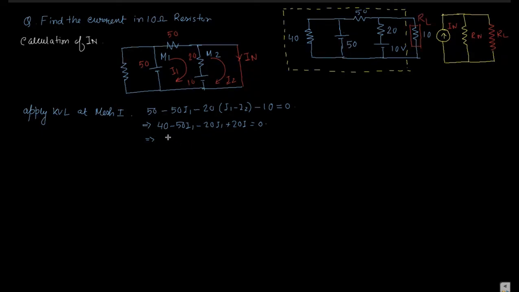You can change the polarity, that is the 70 I1. Then plus 20 I2 becomes minus 20 I2, is equal to minus 40. As we change the polarity, it becomes plus 40. This is the equation number 1.